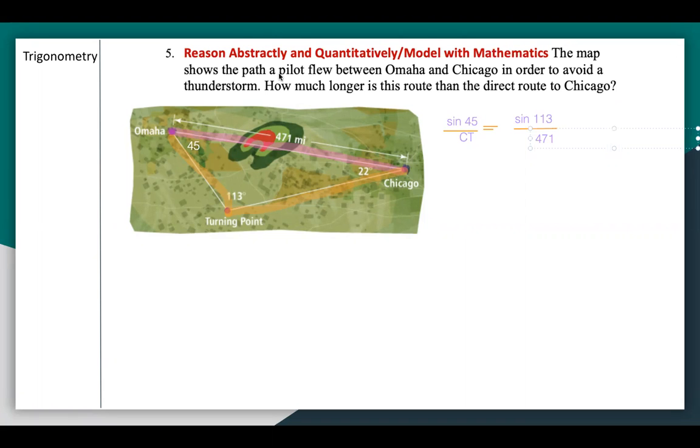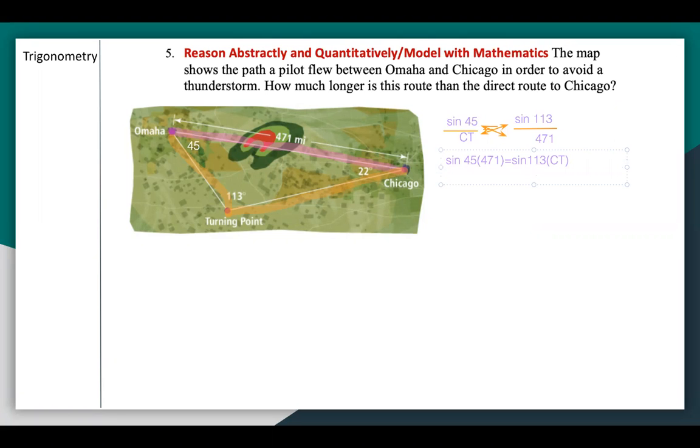Well, again, let's cross multiply here. The sine of 45 multiplied by 471 should be equal to the sine of 113 times the value of CT.